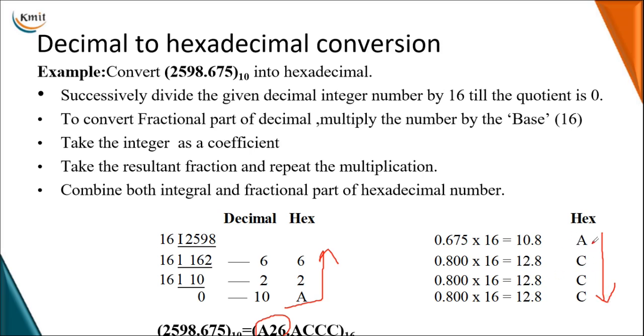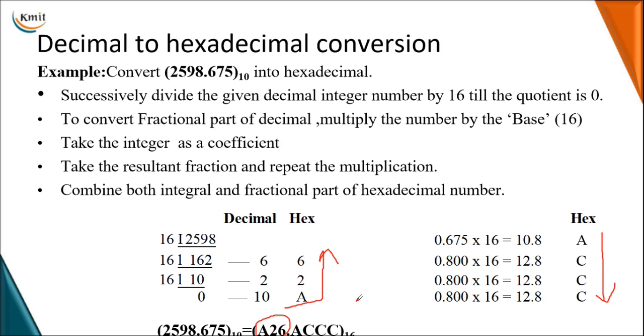The first integer gives the first digit of the fractional conversion into hexadecimal as A, C, C to the base of 16, and we combine both the integer and fractional conversion results to obtain the equivalent of the given mixed decimal number. So 2598.675 to the base of 10 is equal to A26.ACCC.